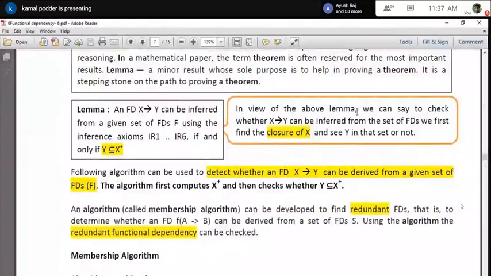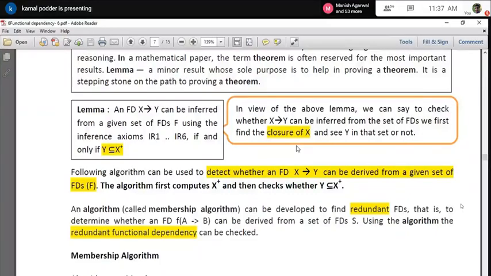In view of the above lemma, to check whether this particular FD X to Y can be inferred from the set of FDs, we have to find the closure of X and check whether Y exists in the closure set or not.